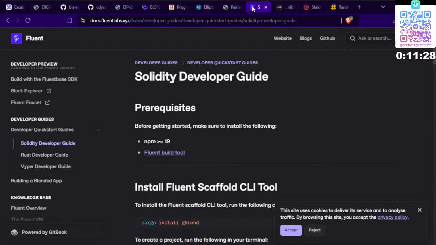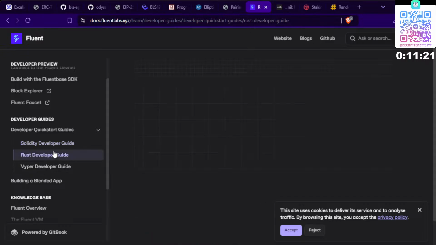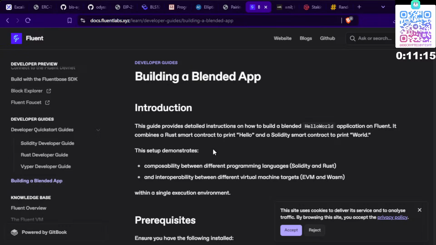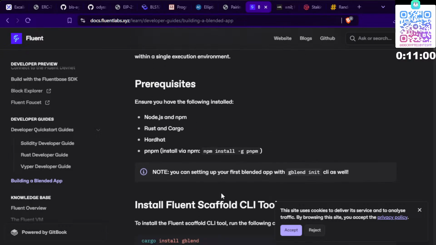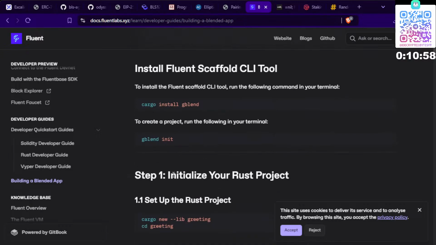So tomorrow we'll check out Fluent and start exploring how to create these blended apps. The idea they have is you can put multiple VMs into one, and that's how they get this blended application. Composability between different languages and different VMs. So that's what we want to explore tomorrow.